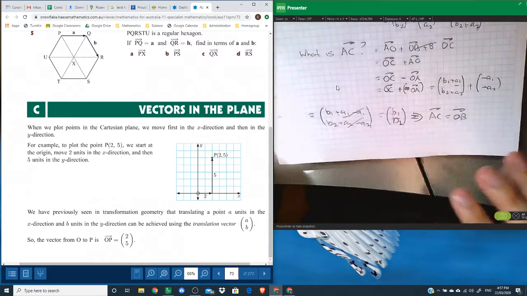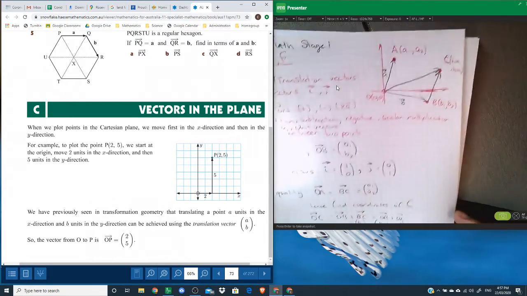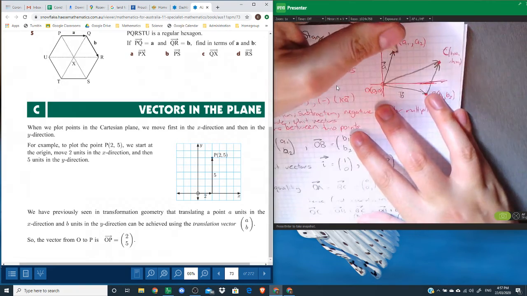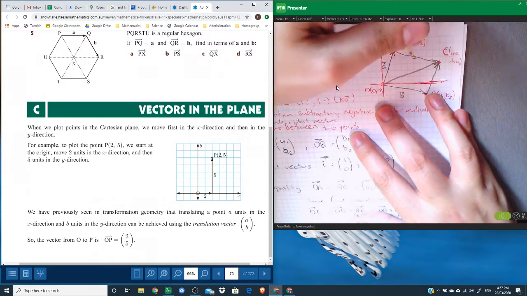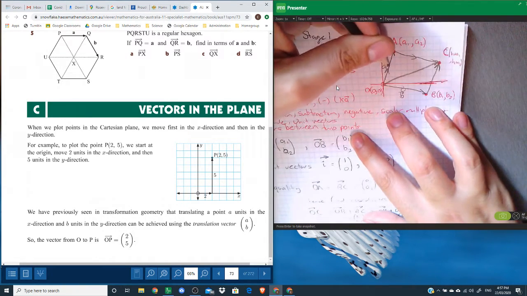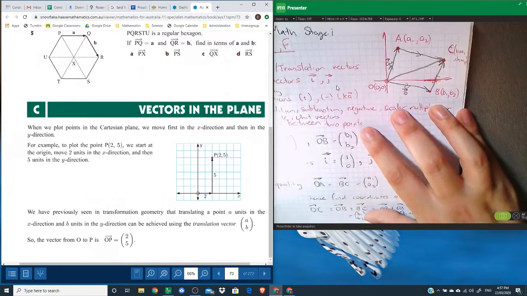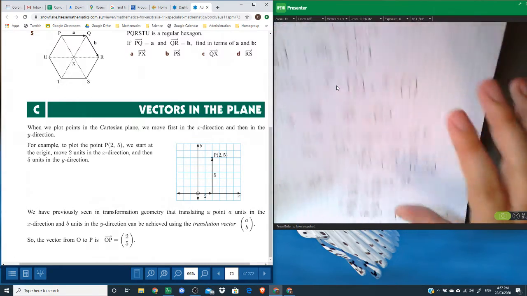So I've just shown that the other side of the parallelogram is also parallel, so it's parallel, parallel, parallel. I'm not going to do anything else with the parallelogram at that point.